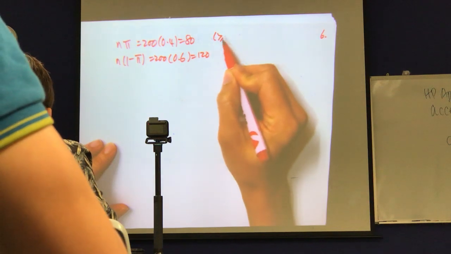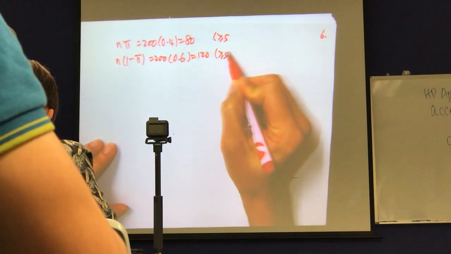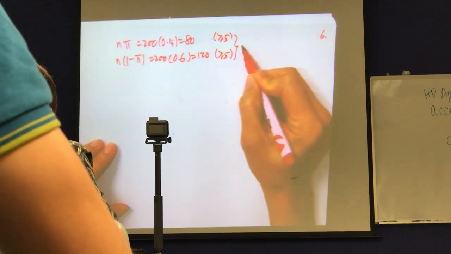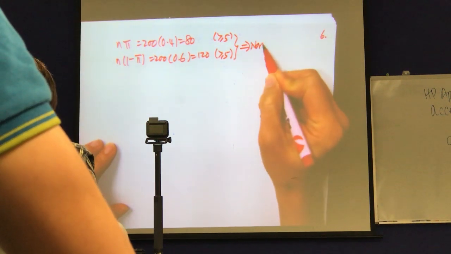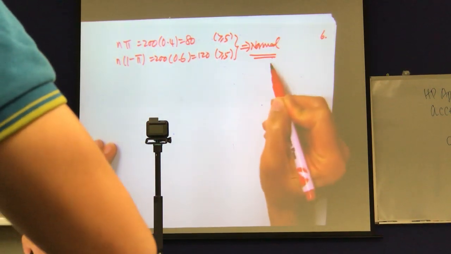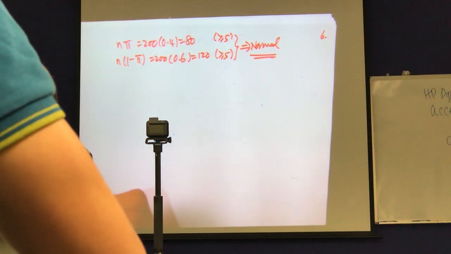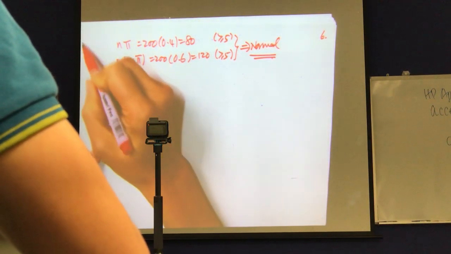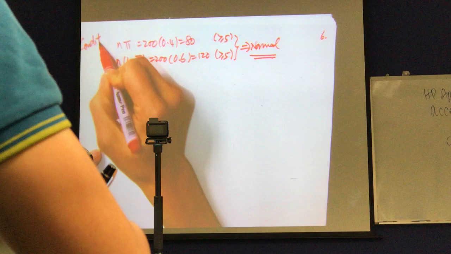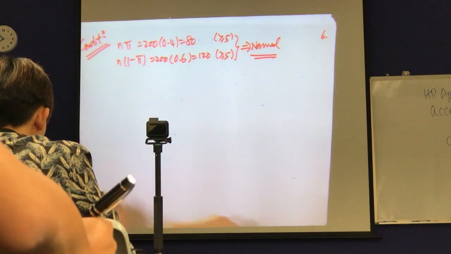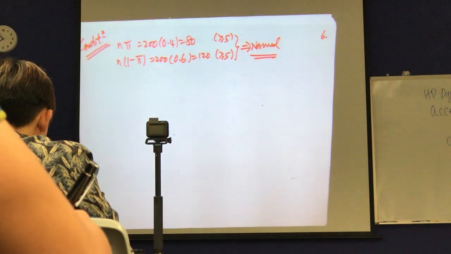Both are more than 5, so this says that they are normal. They must be normal before you can continue. So this is the condition; you have to satisfy this first before you can continue.